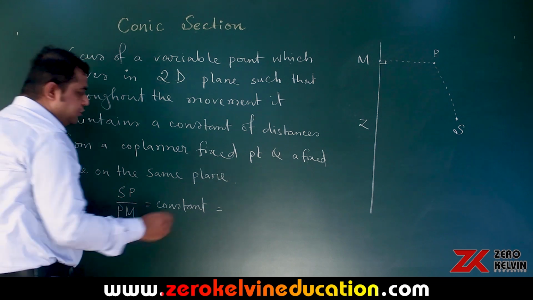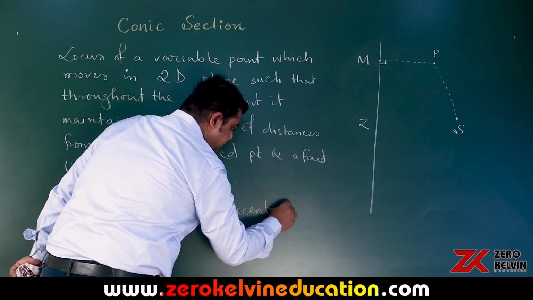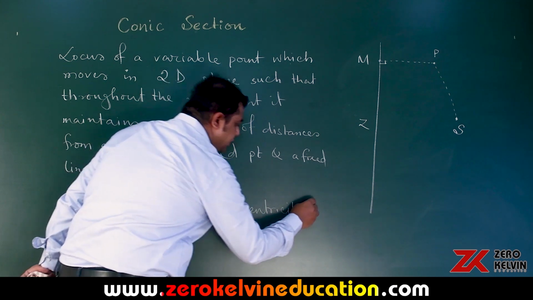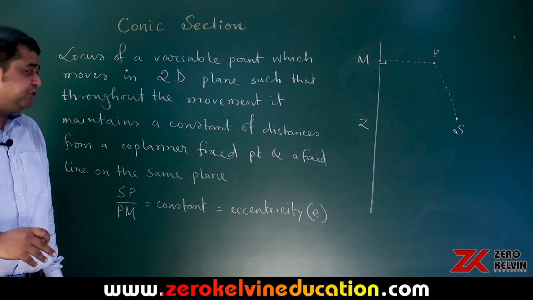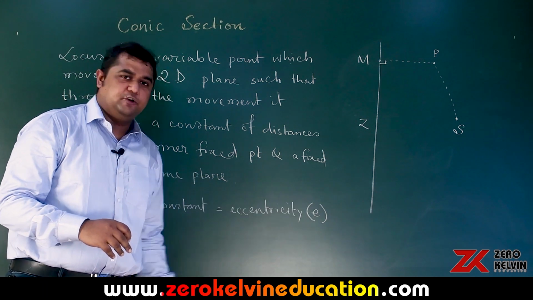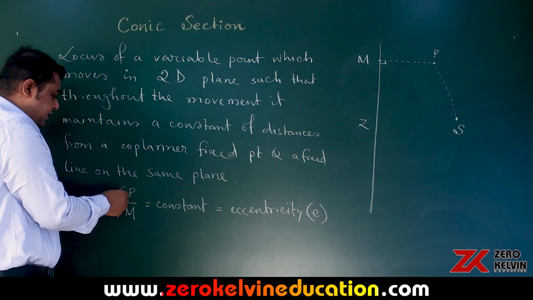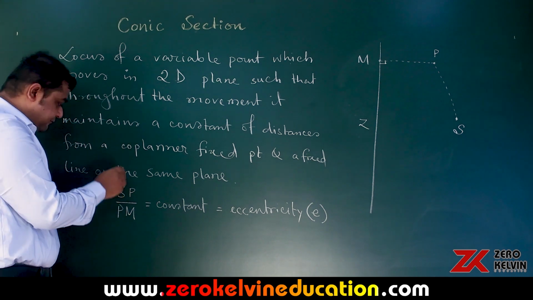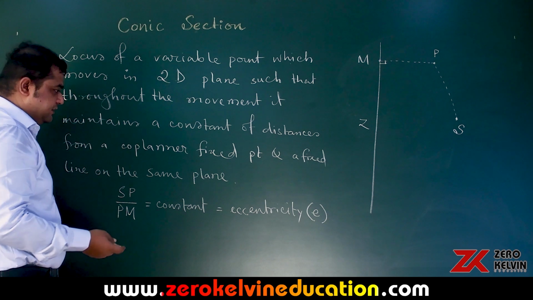This constant is called eccentricity and usually denoted by small e, though this has nothing to do with the base of natural logarithm. It is just the initial letter e which is denoting the eccentricity. So, distance from the fixed coplanar point divided by distance from the fixed line of that plane, that constant ratio is called eccentricity.